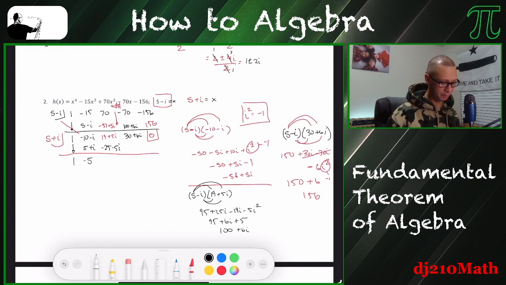Again, the imaginary parts cancel. The real part is just negative 6. Again, multiplying, we're going to get negative 30 minus 6i. So we're going to get 0. Okay, so this is going to be x squared and x. So x squared minus 5x minus 6.